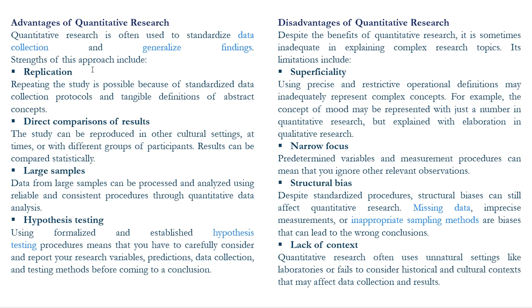This is useful for the advantage of quantitative research. The disadvantage is quite the opposite of the advantage. In some cases it may be similar, but it is quite opposite to the work of quantitative research: superficiality, narrow focus, structural bias methods, and lack of required content.